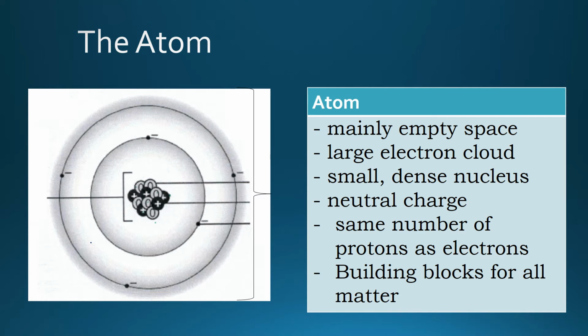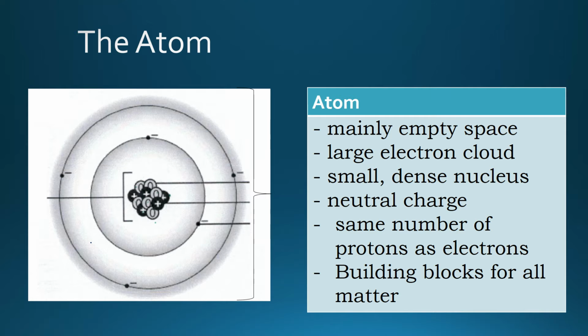The other thing it does poorly is it doesn't show the nucleus as, again, an accurate proportion. So the nucleus is this very small central location, but it's also very dense, which is interesting. So when it comes to properties, basically the nucleus gives us mass and the volume comes from the electron cloud. Right now, we're going to say atoms are neutral. That's a lie. Atoms do not always have to be neutral, and we'll explain what can happen with those as we move on.